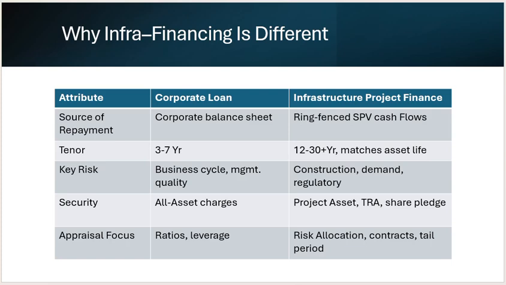So let's discuss a little bit about ring fencing. What is ring fencing and how is it different? Ring fencing is a financial or legal mechanism that separates a specific portion of a company's assets, income, and operations from the rest of its balance sheet.